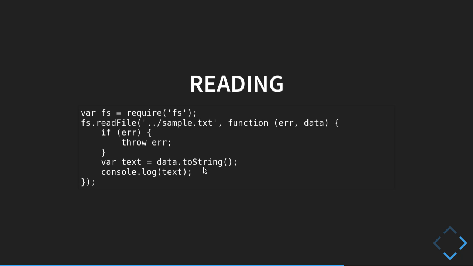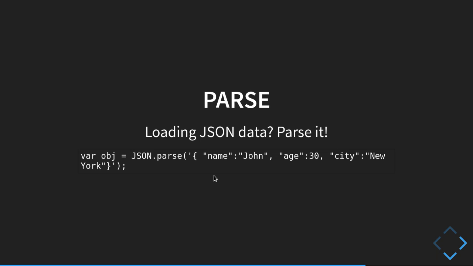So if it's just a string, we can do toString, but often we are reading JSON files, and when we are trying to read JSON files, we also want to be converting it to an actual object that we can make use of, or an array that we want to make use of. And so we do that by parsing the JSON.